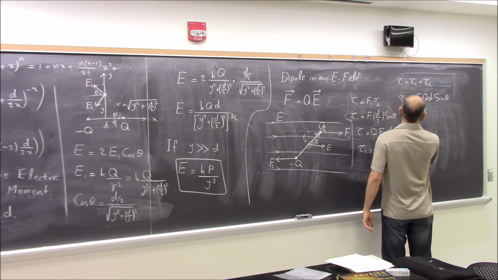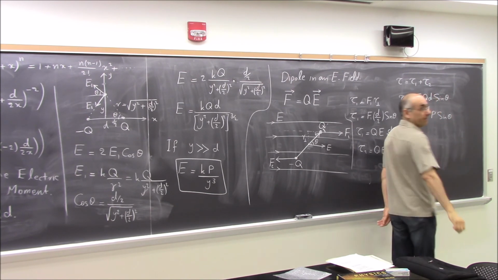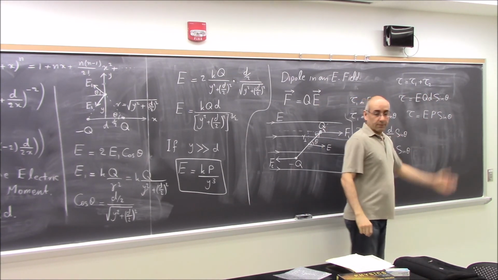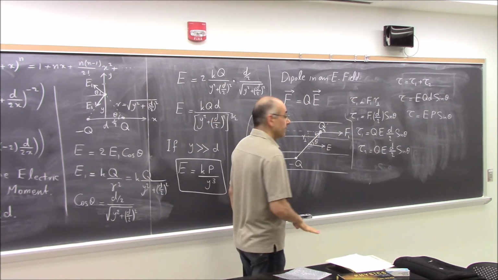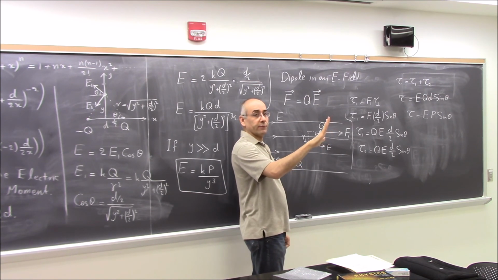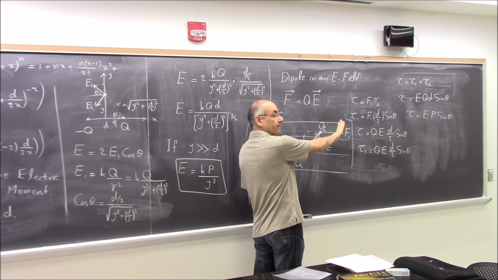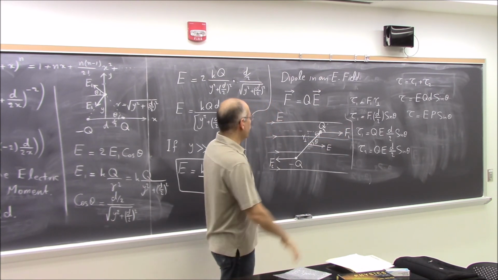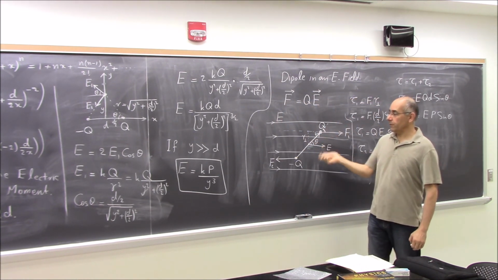So tau will be E times P times sine the angle between them. And the torque is in which direction? You can use the right-hand rule. Distance times F, right? Into the page. For this one also, R times F is into the page, so they're both into the page.